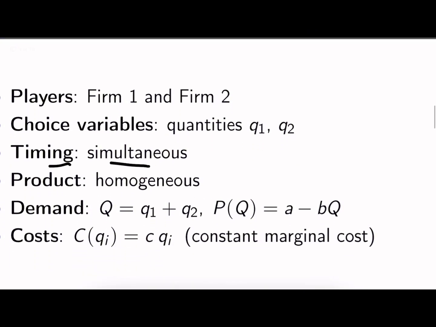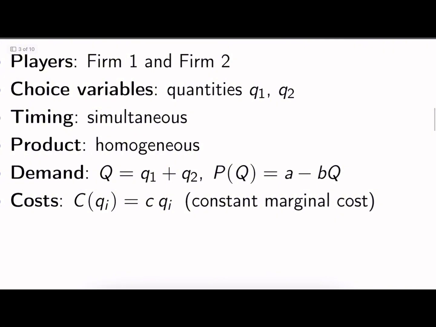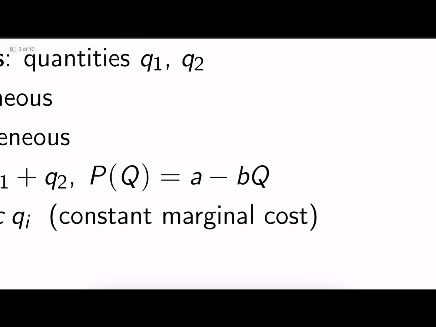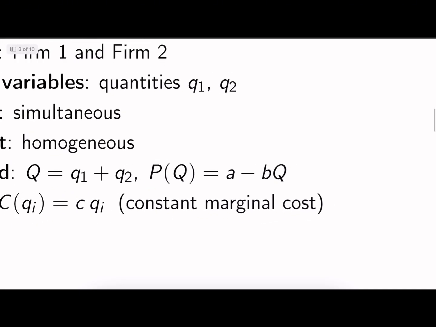Timing is simultaneous, so they're choosing their quantities at the same time, and the product is homogeneous. So it's the same thing. They're both selling apples, the same apple. The demand is just this big Q, and it's just Q1 plus Q2. So it's the total of what both firms are making, and obviously that'll affect the inverse demand curve right here.